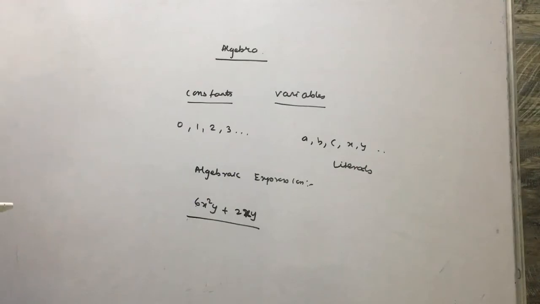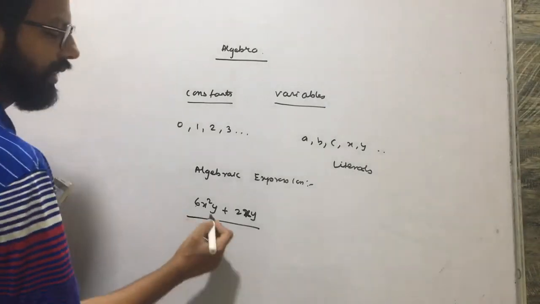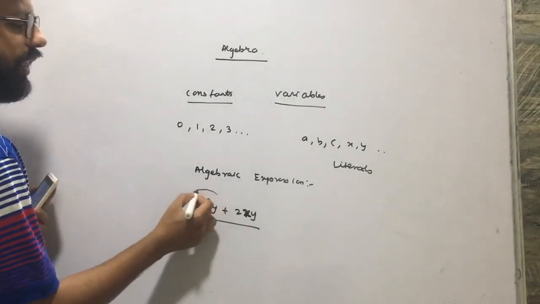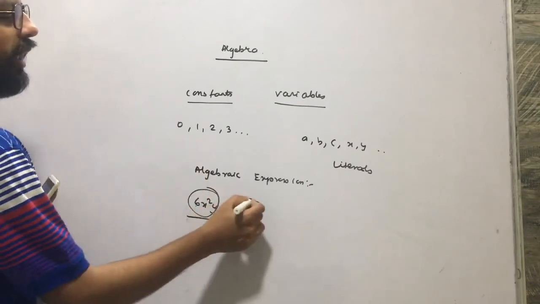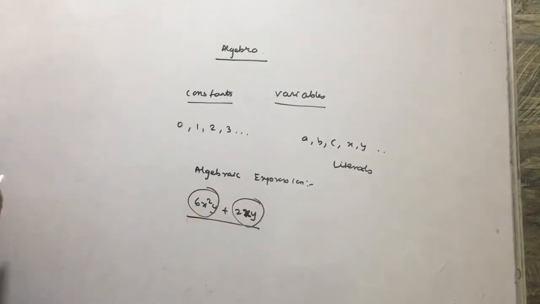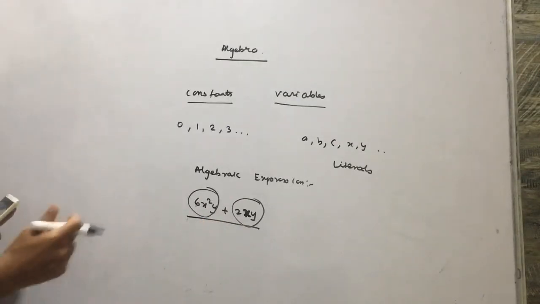Now in an algebraic expression we have to understand terms. The terms are those which are separated by a plus or minus sign. So in this example, 6x square is one term, 2xy is another term. Always remember you have to write the term including signs.